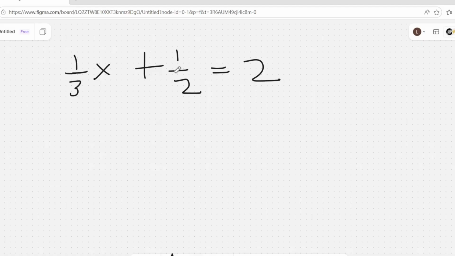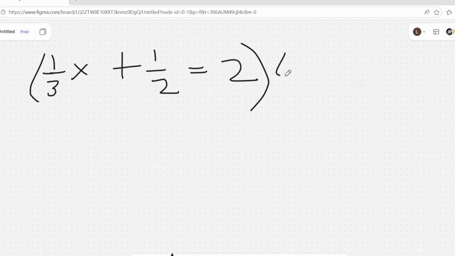If we have two different fractions, we check for their LCD, or least common denominator. To find it, we can simply multiply the denominator values, which are 3 and 2. So 3 times 2 is 6. We can multiply the whole equation by 6.